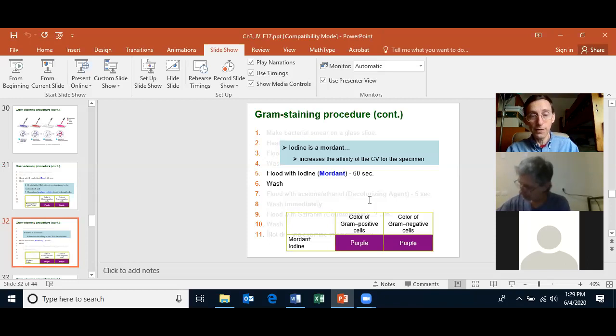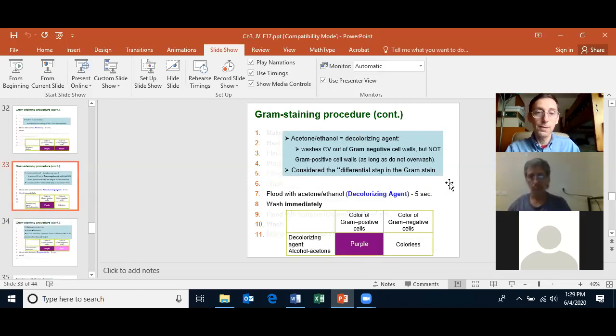And so it just intensifies the stain. And the color of both the gram-positive cells and the gram-negative cells is still purple, but you could say it's a darker purple or a more intense purple after the iodine is added to the crystal violet.